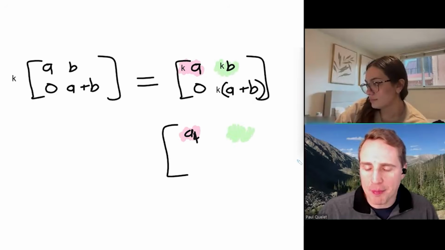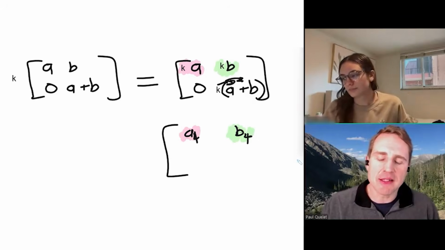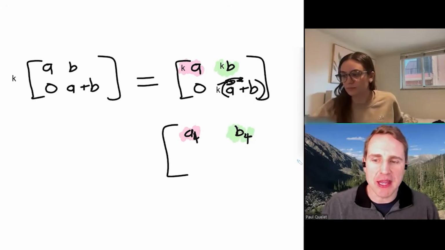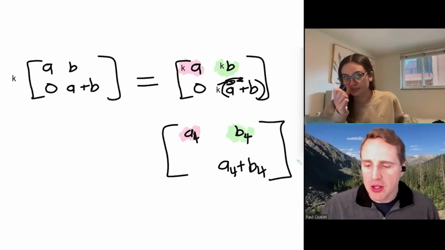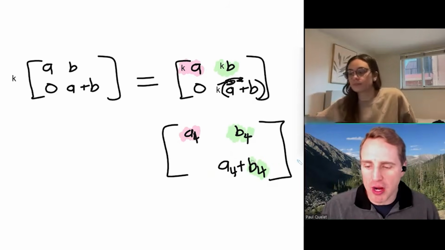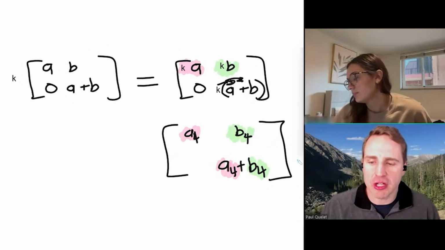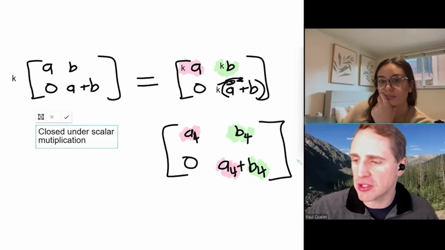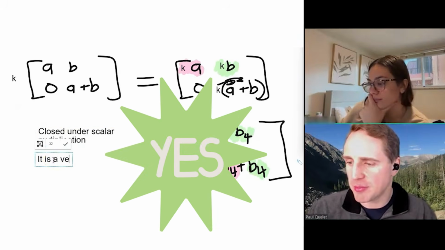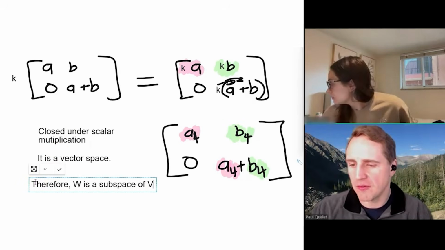So I'm going to call that B4. Then if I distribute this K into here, I think I would get KA plus KB. But wouldn't that just be A4 plus B4? Yeah. Do we still have the same structure that we were looking for? Yeah, because it has the same structure even though we did the scalar multiplication. So is it a vector space? It is a vector space. Therefore, W is a subspace of V.